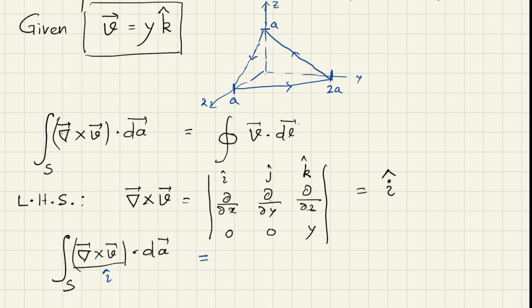We can calculate it, or you can even directly write it down, by saying that this will be the projection of this flat area onto the xy plane. In the xy plane, the projection area is half, base a into 2a, so this is equal to a squared. So that's easy to calculate in this particular case.